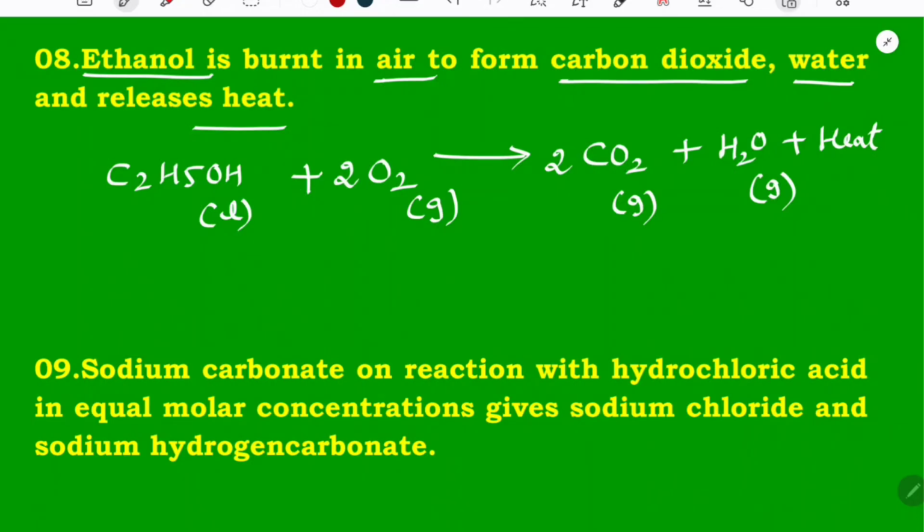So what about hydrogens? This side 6 hydrogens are there, here 6 hydrogens. So the equation is not balanced. Then I can try another method. I will remove this.